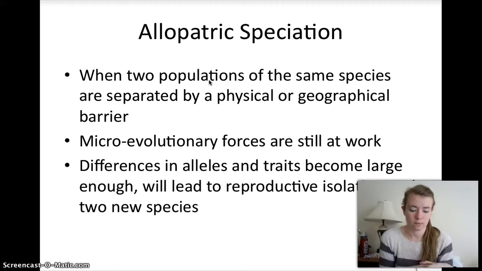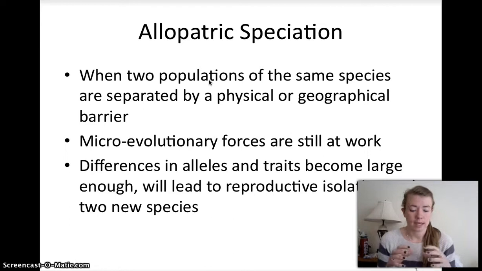Even when they get separated, we still see the microevolutionary forces at work: genetic drift, changes in allelic frequencies, gene flow, mutation, migration. All those things are still working on each of these populations individually, and since so many of them are due to chance or environmental change, they're going to have a pretty big effect.